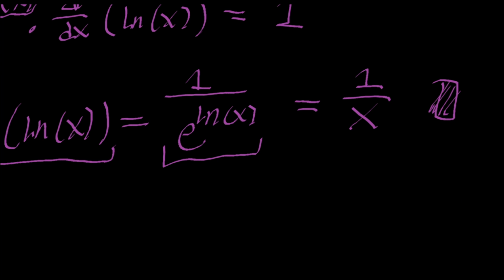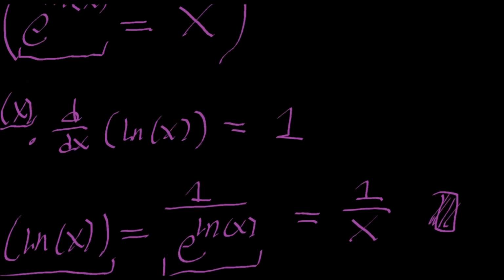And on to the next function, which was the derivative of sine of x. And I think this will be the most difficult thing to prove in this entire video.